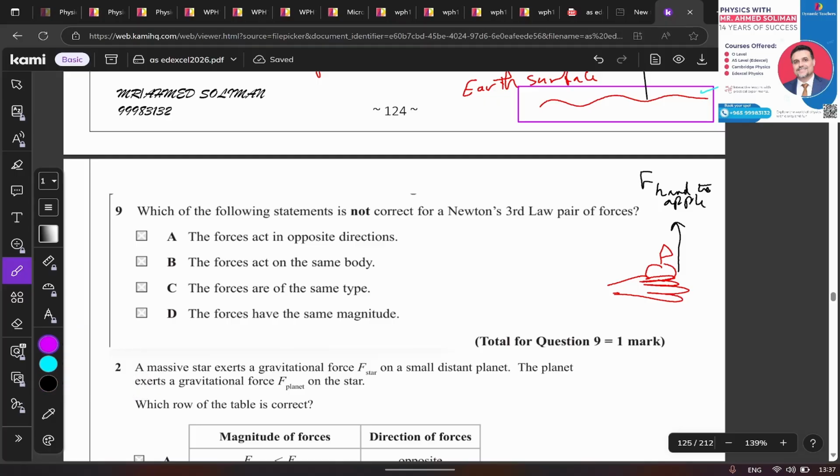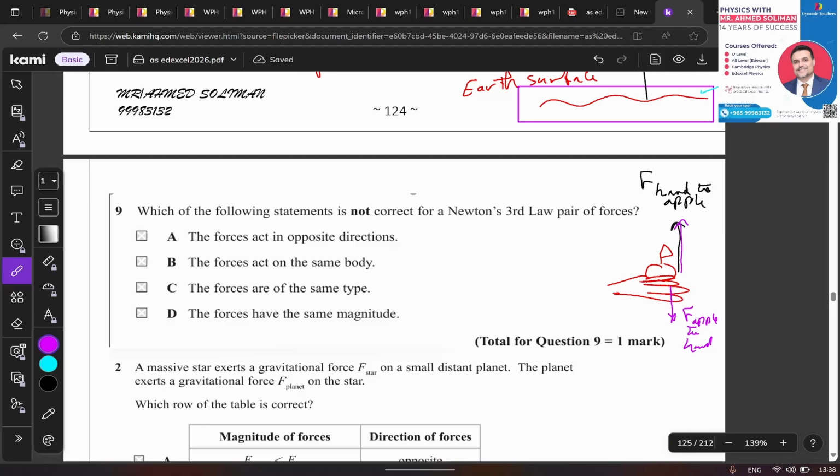The gravitational force of the apple. No, the force from the apple to the hand. But be careful, don't use the weight of the apple. If you push up, the apple will push down, the same type of force.